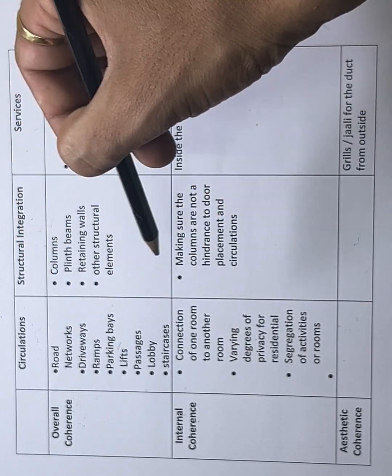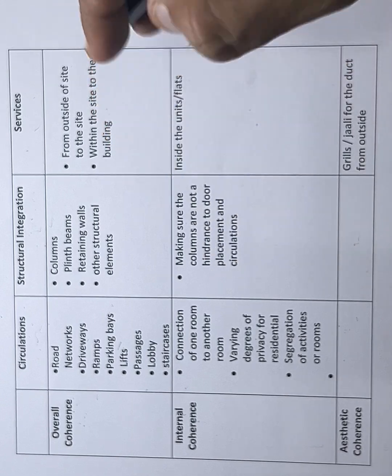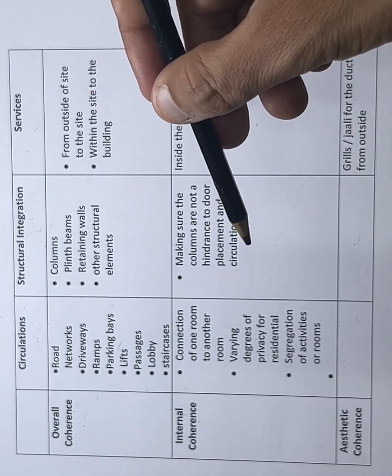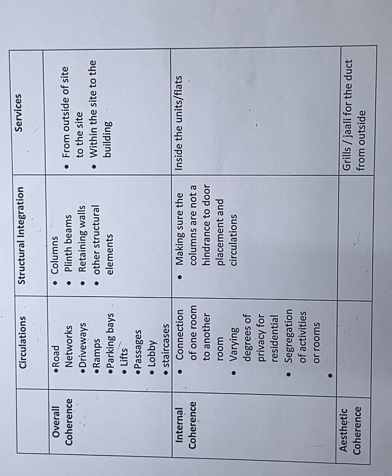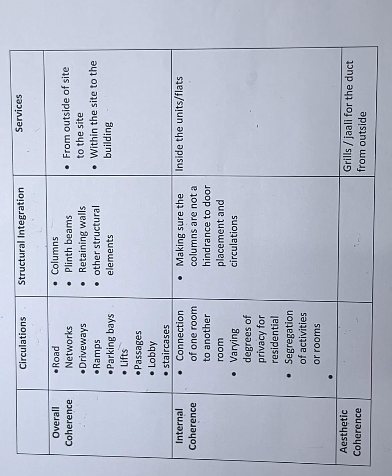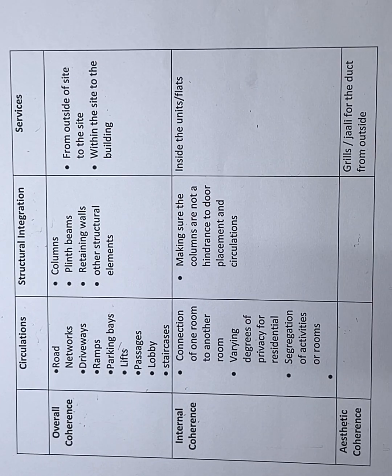And then further, when we go into one apartment, into one flat, we also have to overlap again the RCC information, column beam information, with the design of our apartment, design of the unit. And we will notice that in some places we will have to look at the door placements. Let's say the column has got bigger compared to what we had planned, and then we notice at some places we are not able to fit a door which is of 0.9 meter or 0.75 meter.